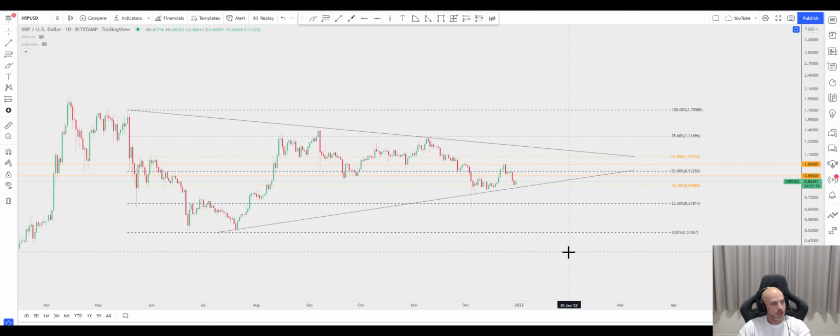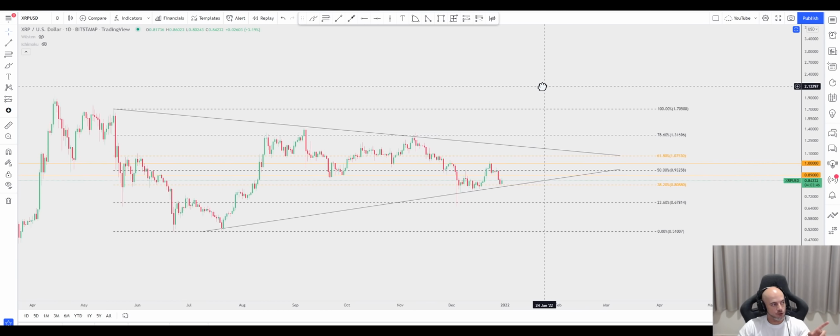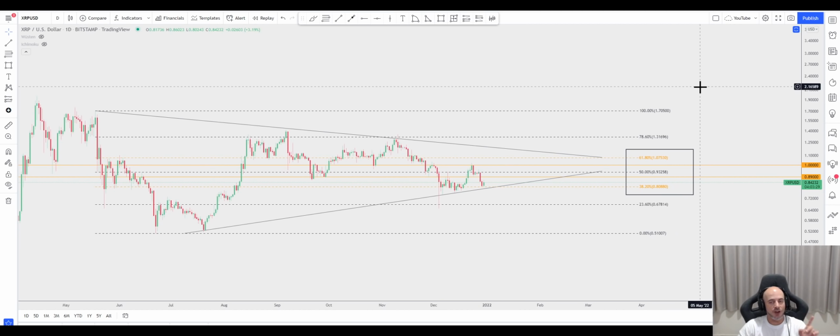So let's try it in two ways, okay? This average approach, in this average approach, XRP is trading inside the honey spot, which means 38 and 61%. And also very, very close. So actually we have 5 key levels for XRP right here.